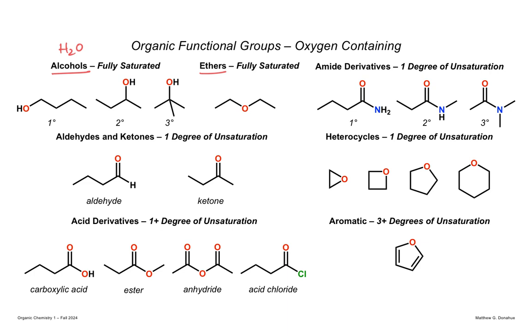For alcohols, to classify them, you're looking at the carbon bearing the OH group. So the OH group is called the hydroxyl group. So the carbon bearing that OH group is right there. It's bonded to 1 other carbon, so it's called primary.